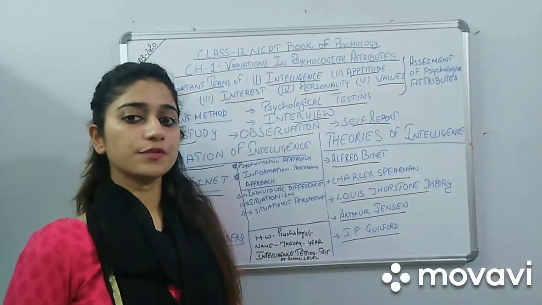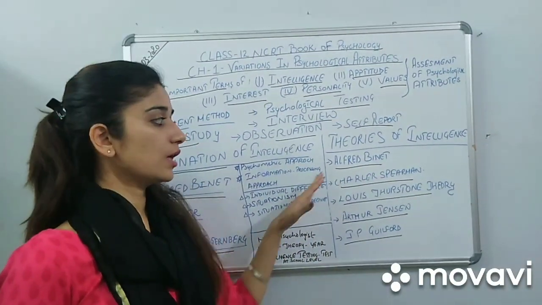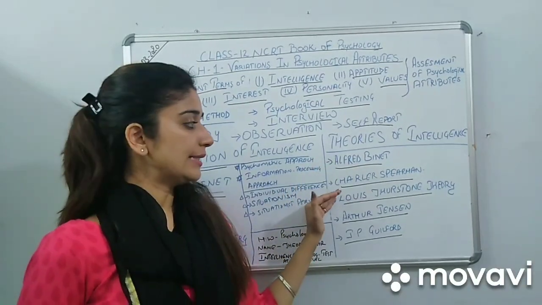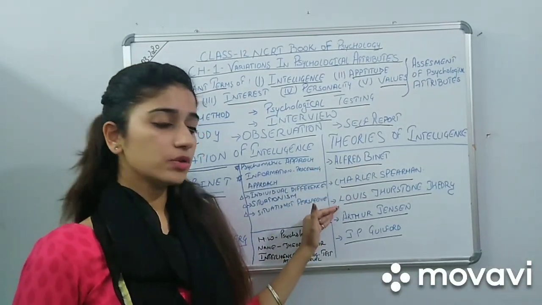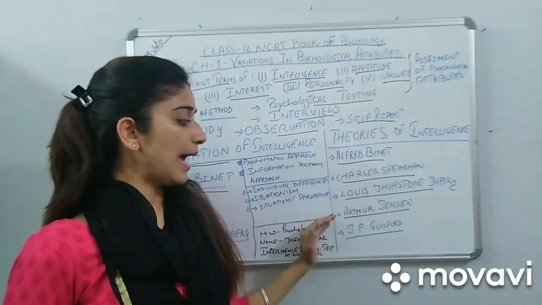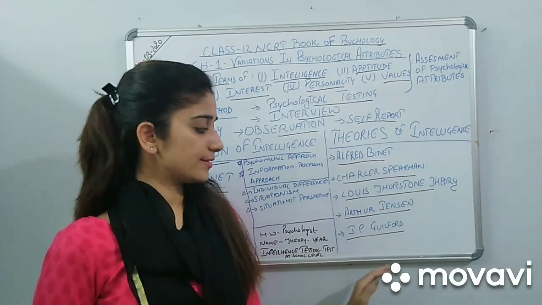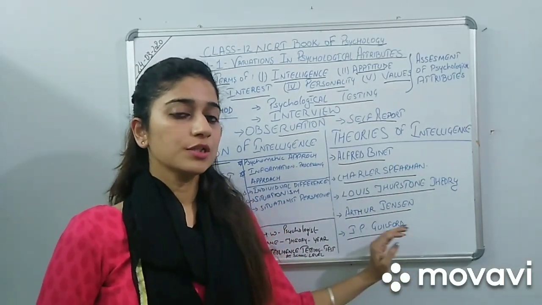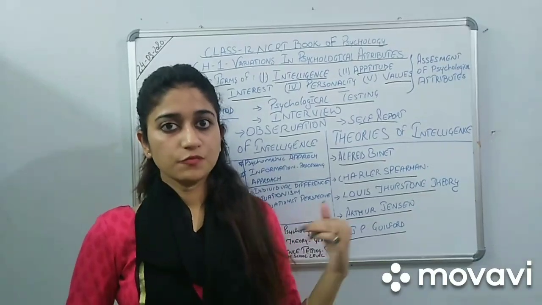Then later on, the theories of intelligence from Alfred Binet, then Charles Spearman, and Louis Thurstone's theory, and then Arthur Jensen, and then J.P. Guilford. What they have given about this will be discussed in this video.